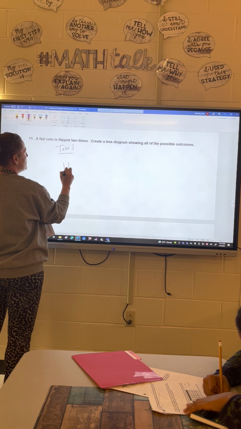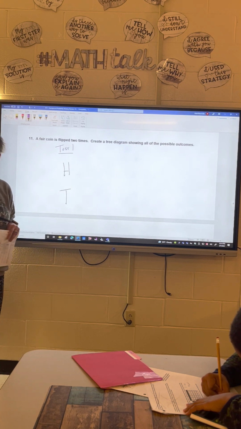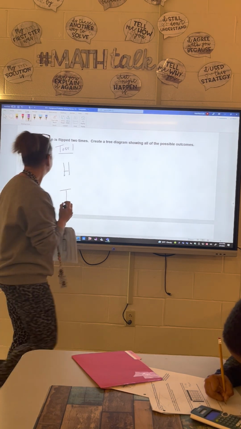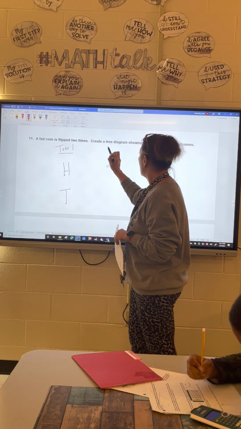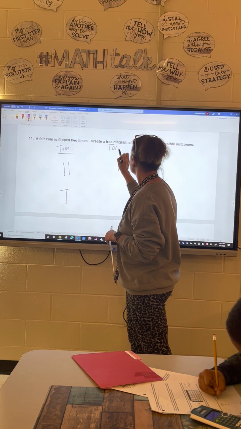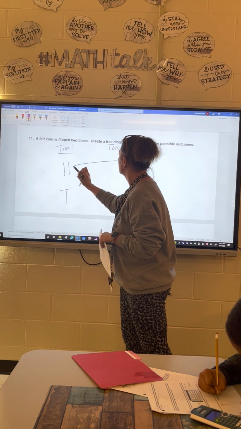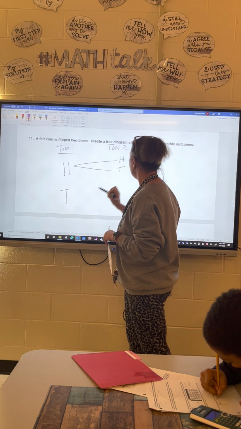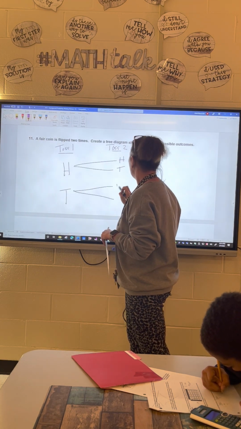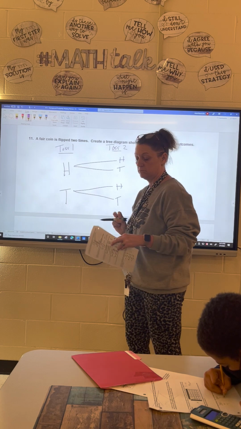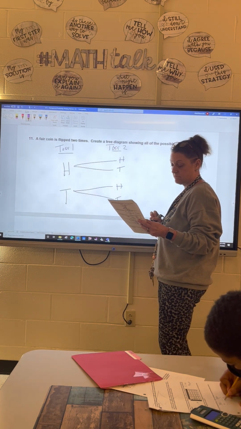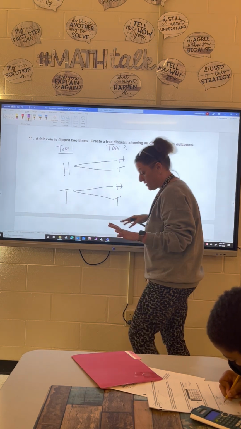I could get heads or tails. Right? Toss 2. I can get heads or tails here, or I could get heads or tails here. That is the tree diagram.